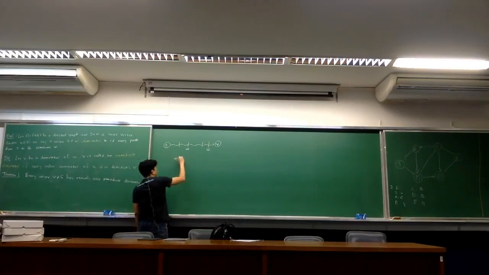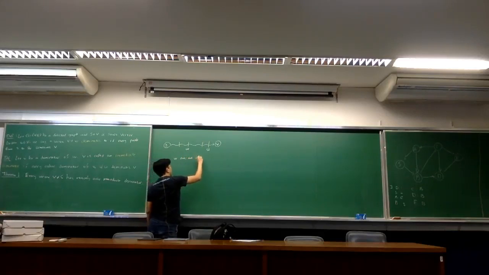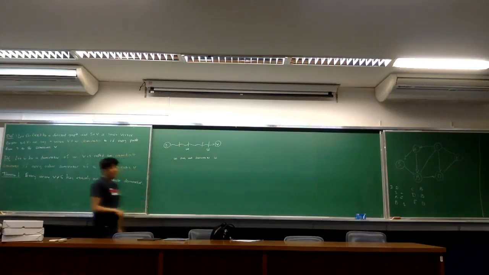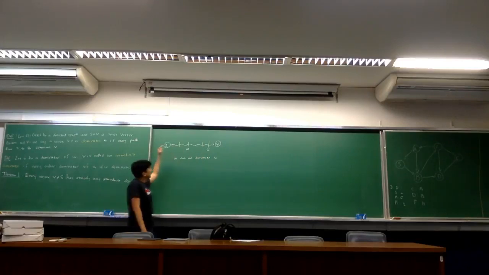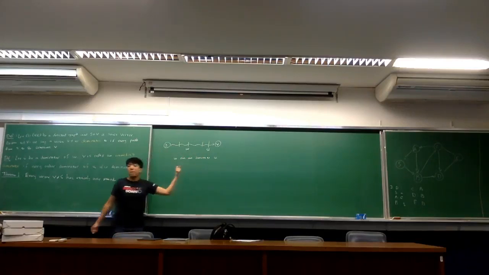So, W. Okay. Well, what does this mean? Since W does not dominate U, this means that there exists a path from S to U that does not contain W, right? Otherwise, W would dominate U.